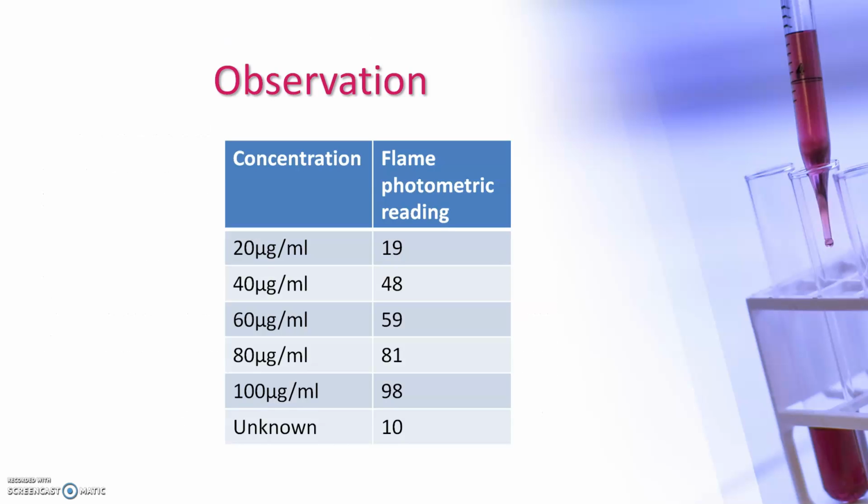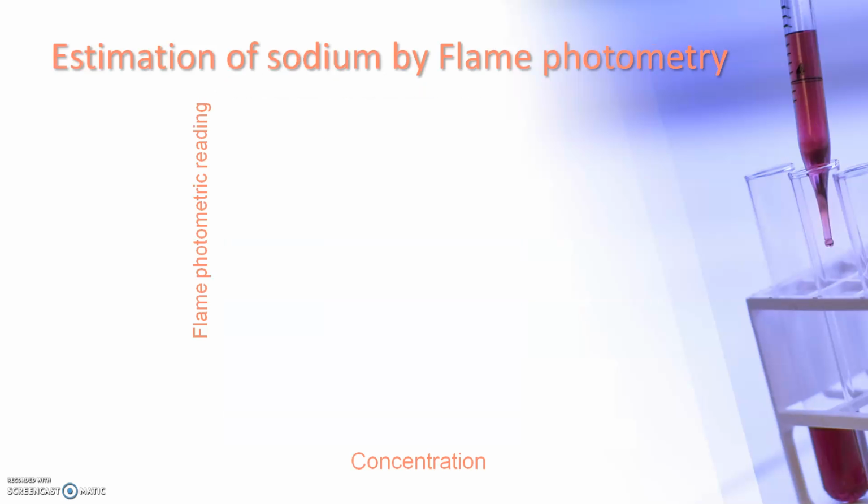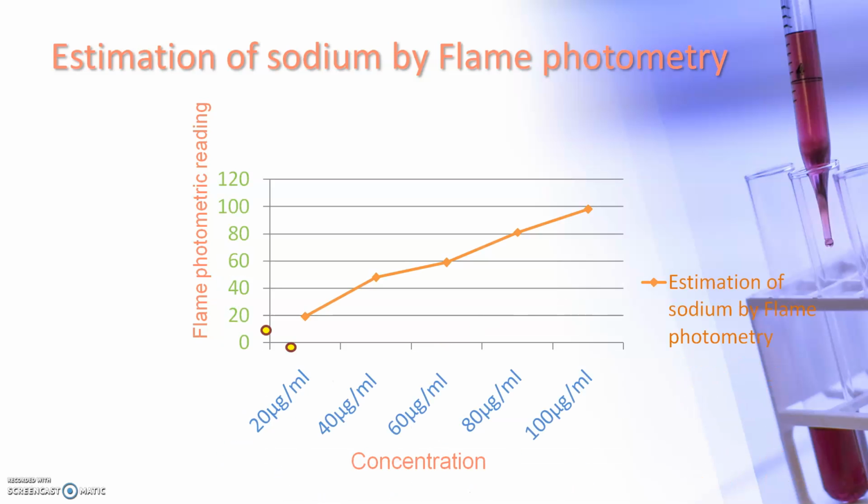Then next is the observation. First we take the observation for 20, then 40, 60, 80 and 100 microgram per ml, and it will give the flame photometric reading. For the unknown we also get a reading, and afterward we put all the information into the calibration curve method, that is, the preparation of the calibration curve.